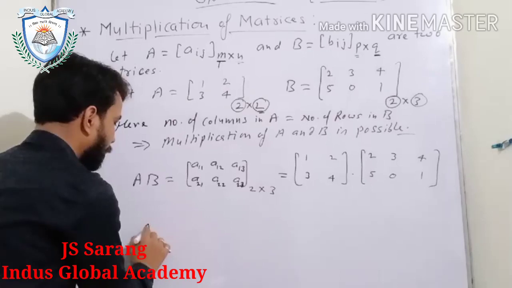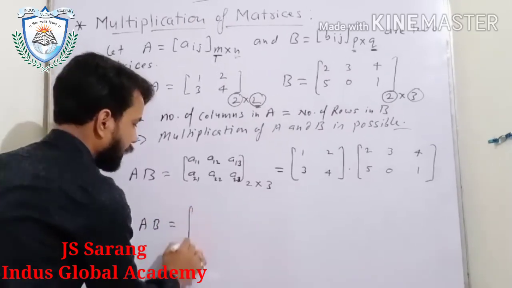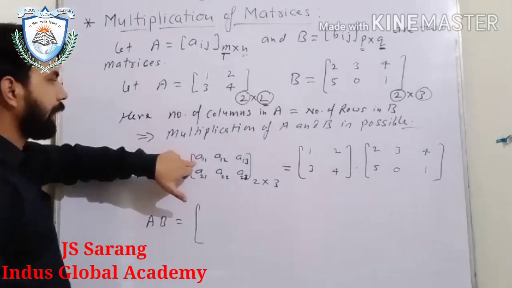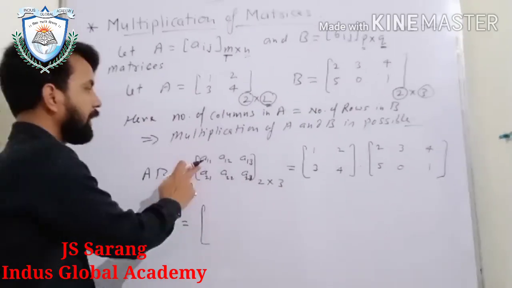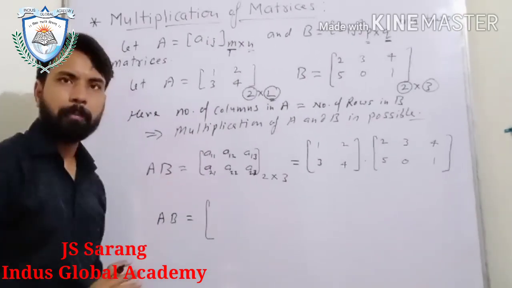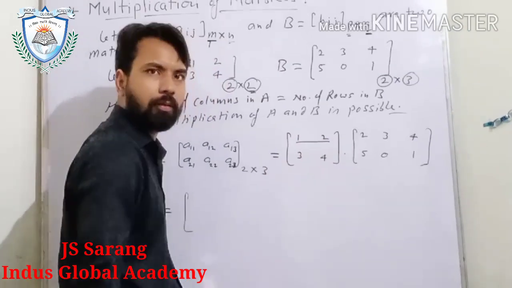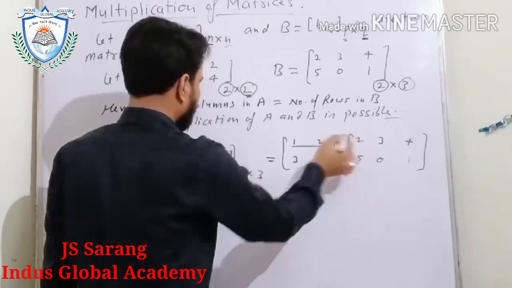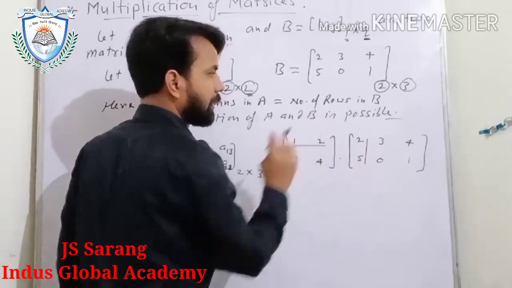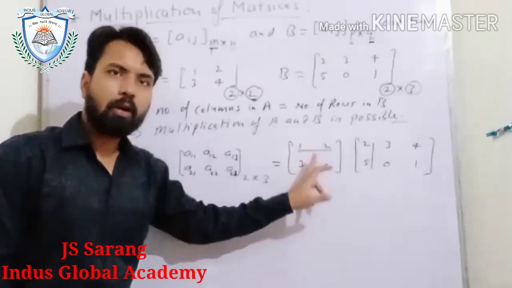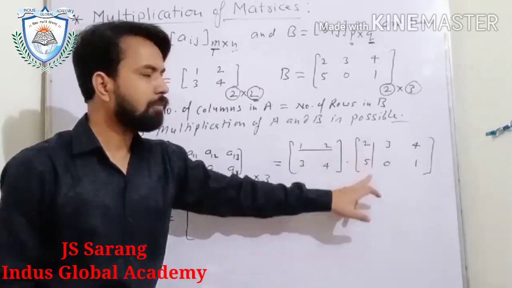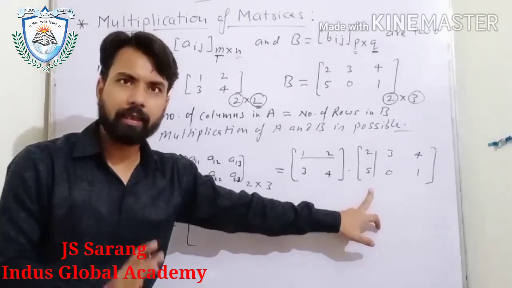How can we multiply? So see, first we want the A11 element. A11 means first row and first column. That means the first row of the first matrix and the first column of the second matrix. Are you getting this?